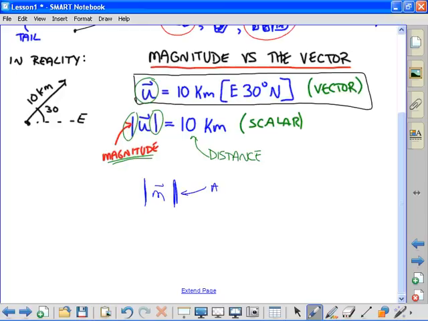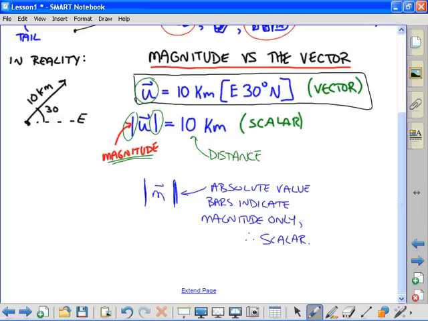The absolute value bars indicate magnitude only, which therefore we're just talking about a scalar. All right.